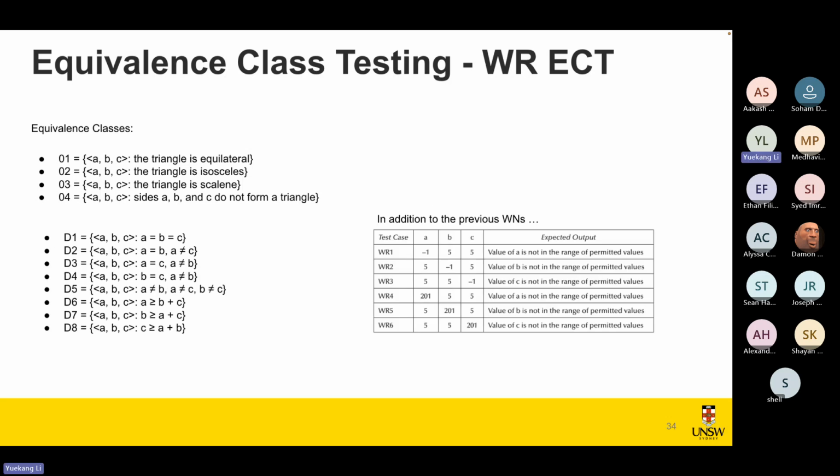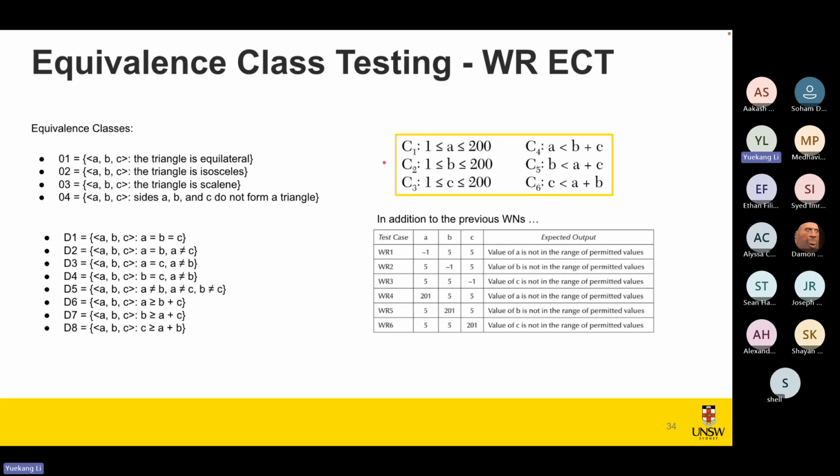And for weak robust, we allow values to be invalid. If we want to talk about robustness, we need to think about the validity of the inputs, and we need to bring back the constraints of the input range. We have to have positive integers for the sizes.